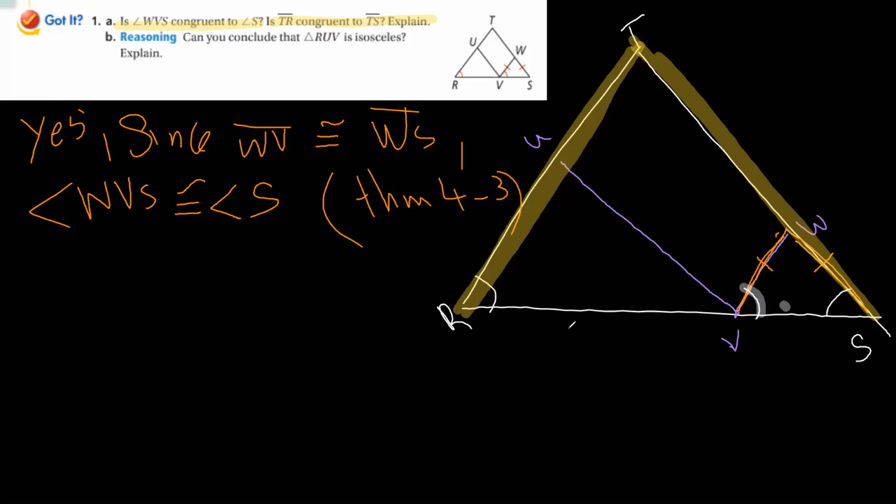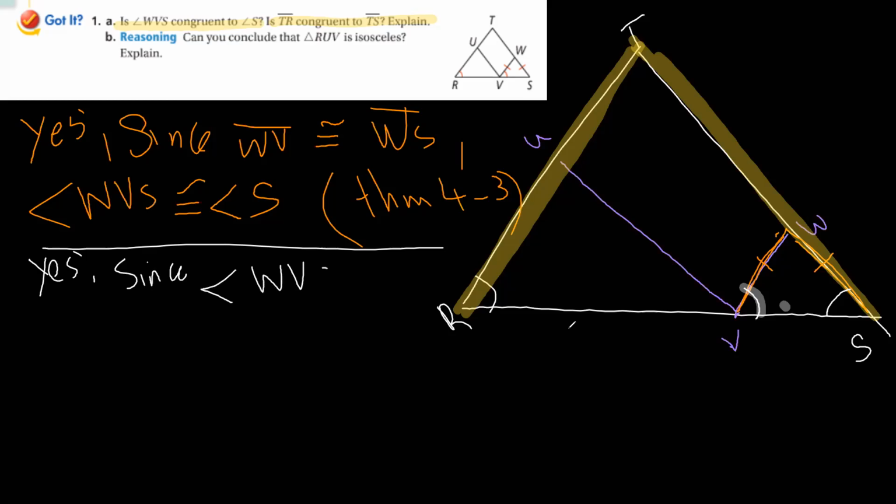So the second one here, the answer is yes. Since angle WVS is congruent with angle S, this angle is congruent with this angle. That I proved in the previous term.